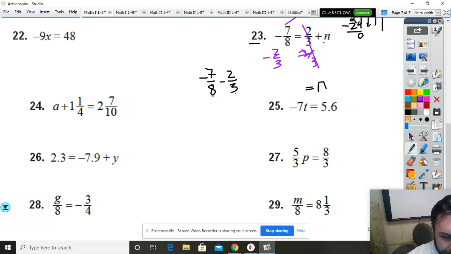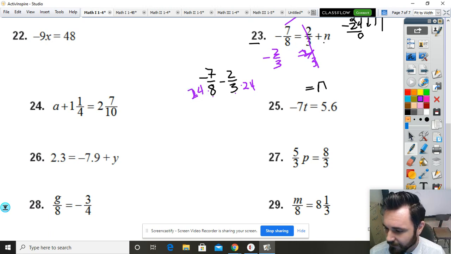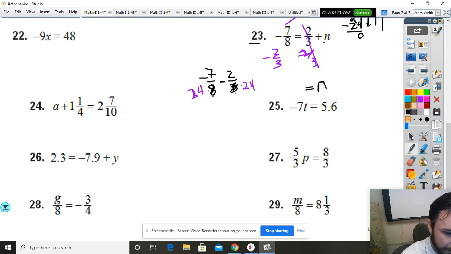Let me double check that just mentally. Yep, that's true. Both 3 and 8 will go into 24. So we're going to make our denominator 24 instead of these values.